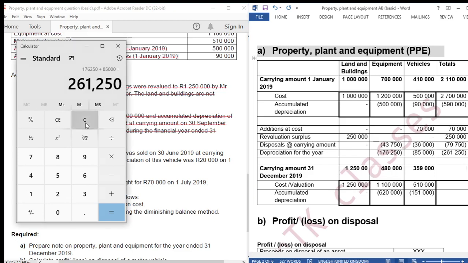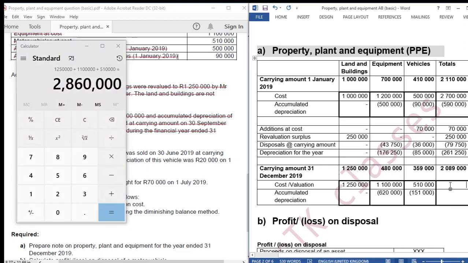Then here, 1,250,000 plus 480,000 plus 359,000. That's 2,089,000. Then here, 1,250,000 plus 1,100,000 plus 510,000.